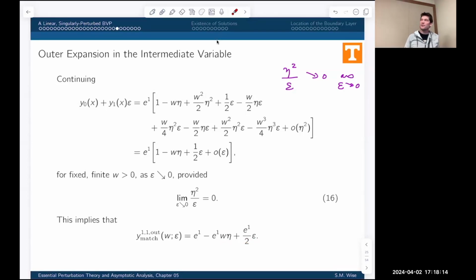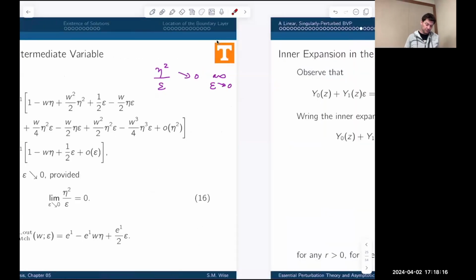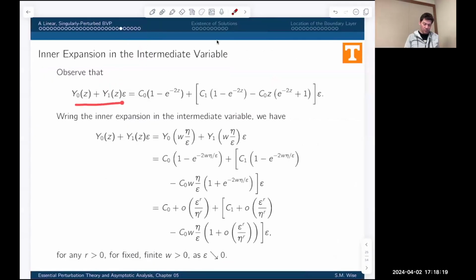So let's go to the 1-1 inner match. Here's my solution for the inner expansion up to and including the first order correction. So we're keeping the leading order and first order corrections only. That's these 2 terms. Now I have a bunch of exponentials here, but these are exponentials which are going to get small really fast.